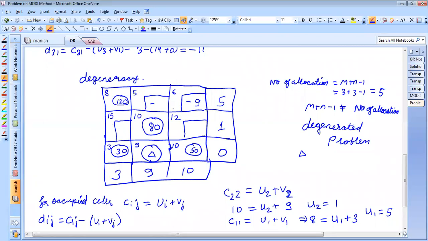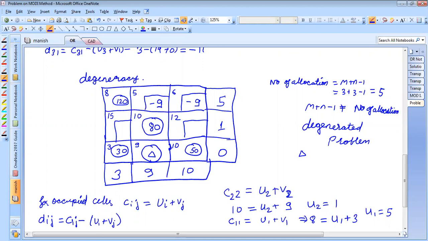Okay. So for Dij, D12 is 5 minus of 5 plus 9. 5 plus 9 is 14. 5 minus 14 is minus 9.